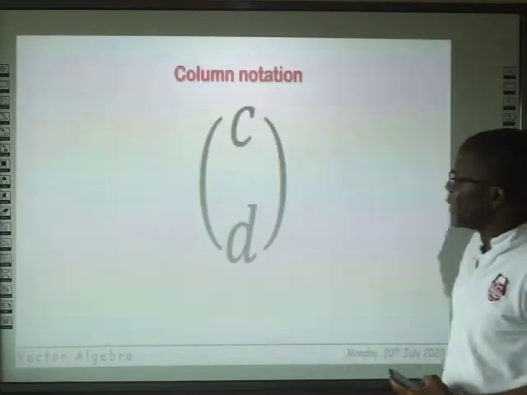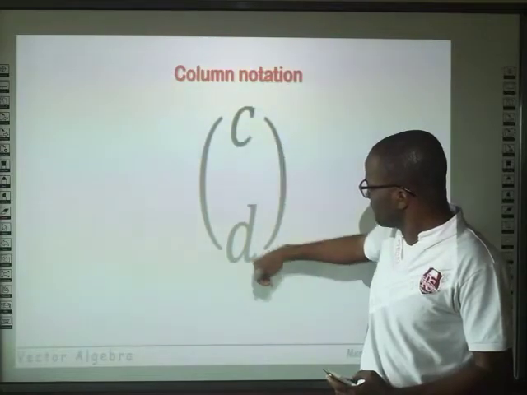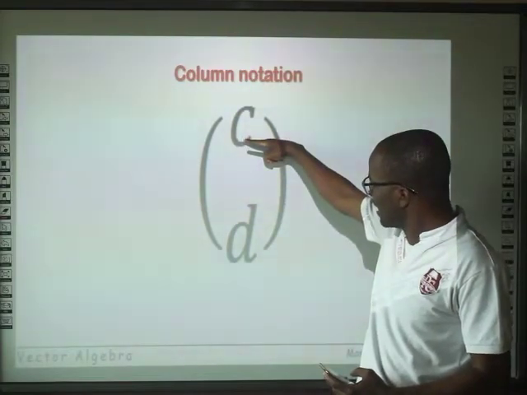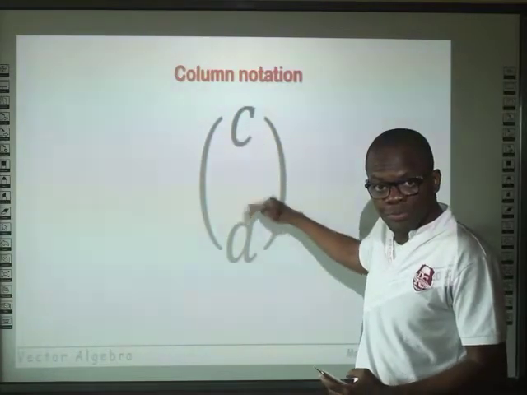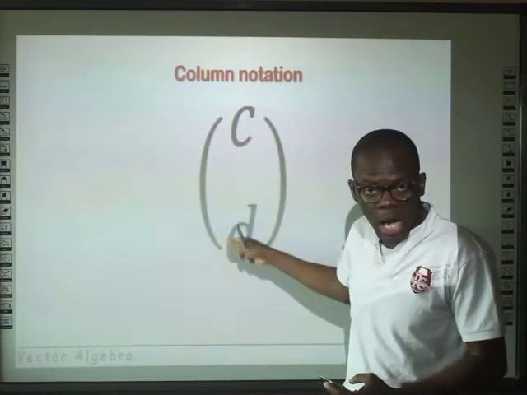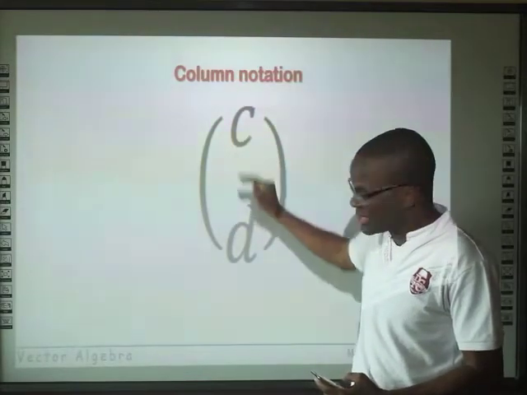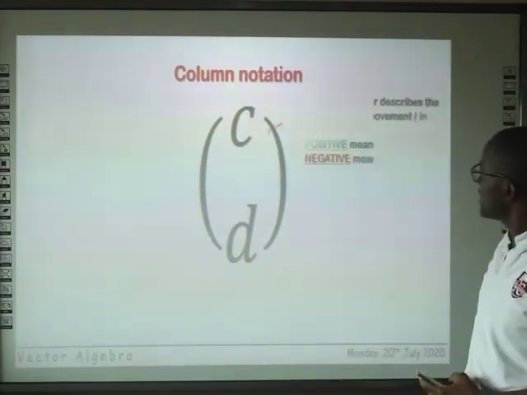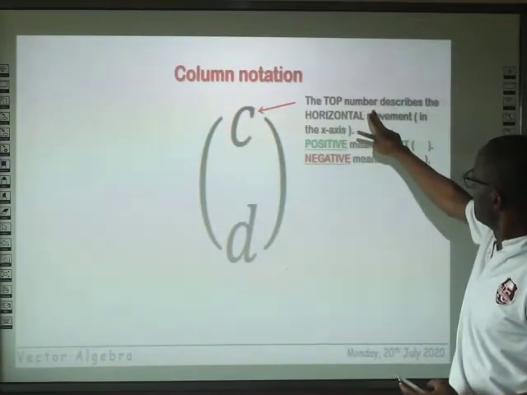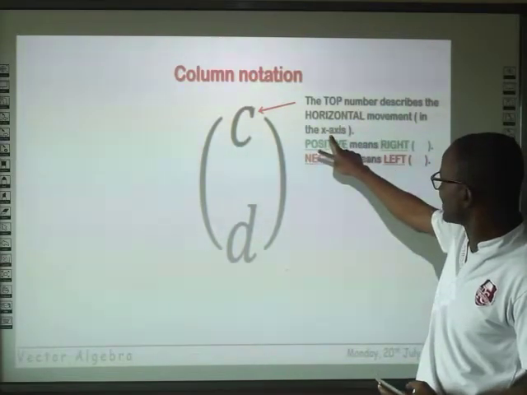Which therefore takes us to the common notation of vectors. For the common notation of vectors, you will have a number above and another one below, meaning you have two rows, just one column with two rows. The first row is the x-axis, and the second row is the y-axis. The top number describes the horizontal movement in the x-axis.